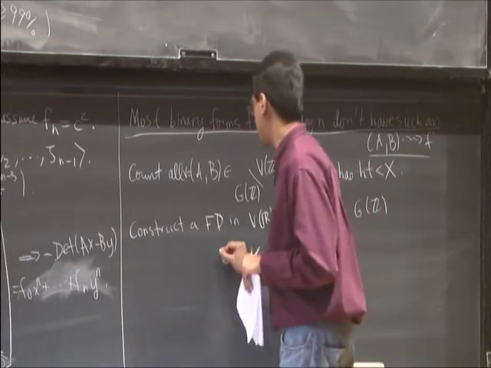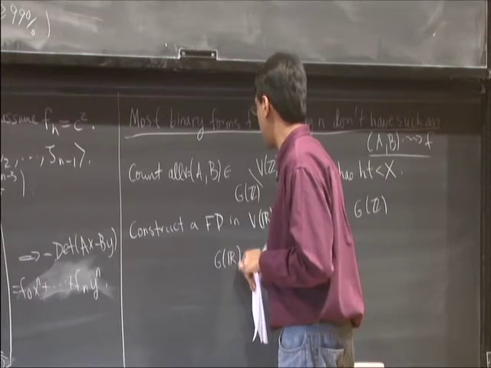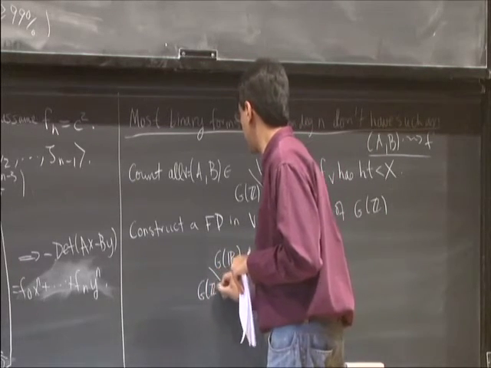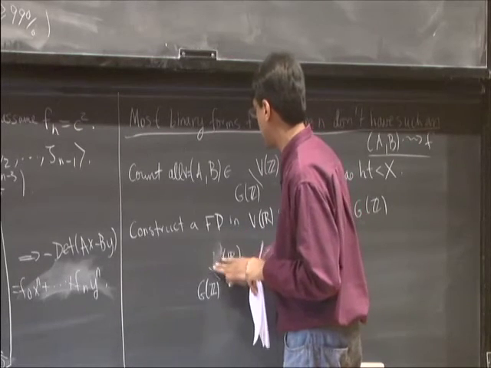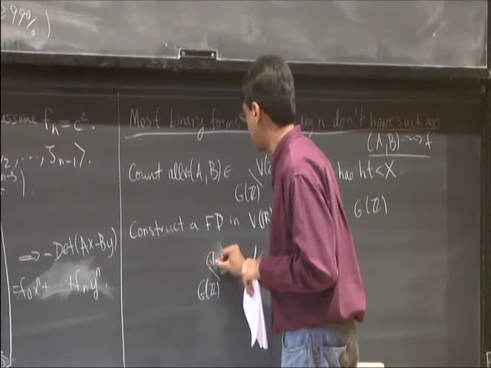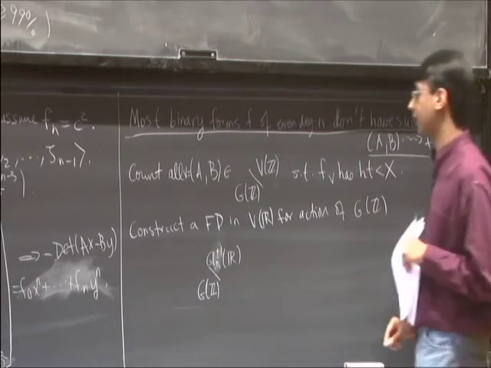And the way to do that is, well, we take a standard fundamental domain for G(R) mod G(Z). Let's look at just the ones that have determinant plus or minus 1. Okay.